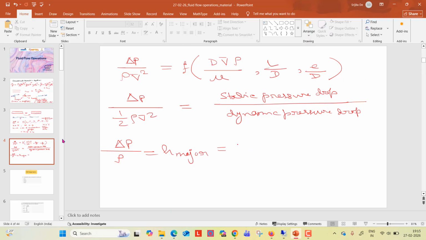If d V rho by mu is Re, then E by D, then L by D, and there is a V square by 2. So we are multiplying it with V square by 2.